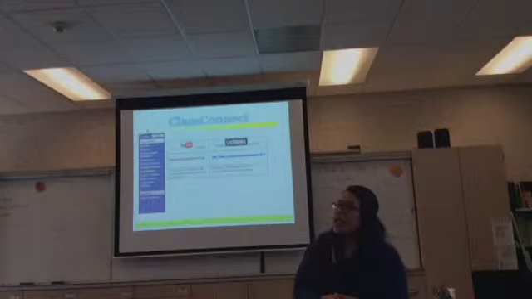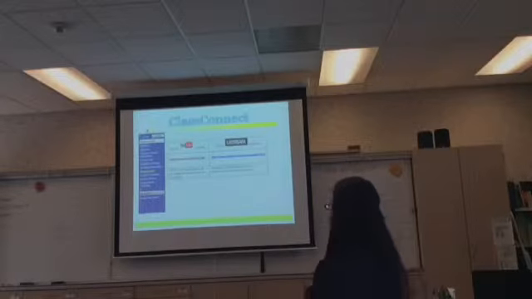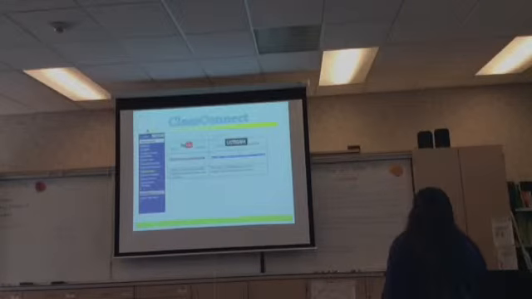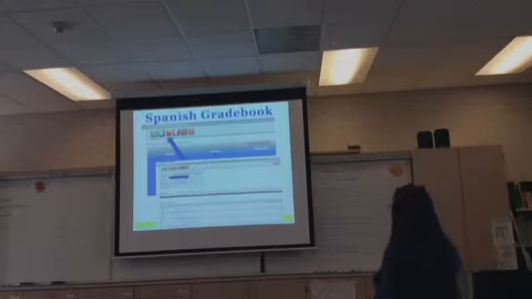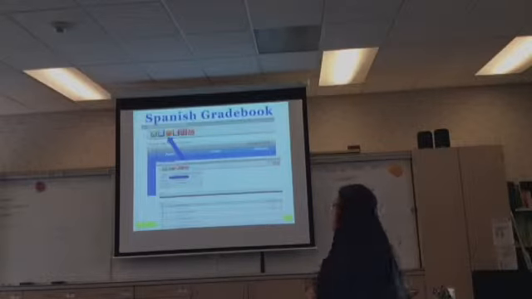If you go to Class Connect, you can find my YouTube channel there, if you miss any of the live sessions or in-person sessions, and then there's my Ustream channel as well. And that is the Spanish grade book. That's what I'm going to be using to determine what your grade is for the course.